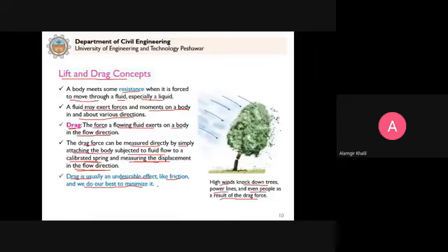For example, in vehicles we use to travel from one point to another, whether a car, a bus, a train, or an aeroplane, we want to reduce the drag force so that it can move faster. We are always looking for how to reduce the drag forces on moving bodies.